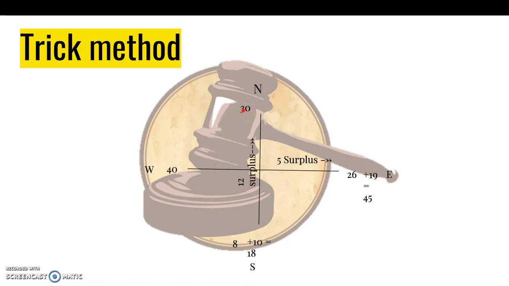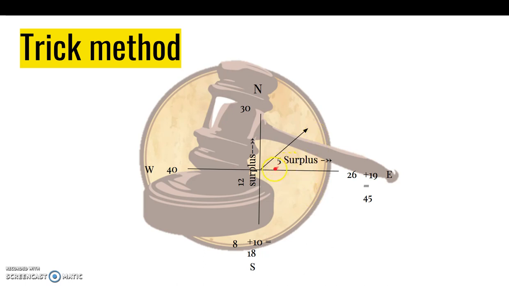Okay, now what we have to do is to find this direction. Since there is a 12 meter surplus on the north and 5 meter surplus on the east, that means the person has moved in the northeast direction. Now how much has he moved in the northeast direction? That is simple.